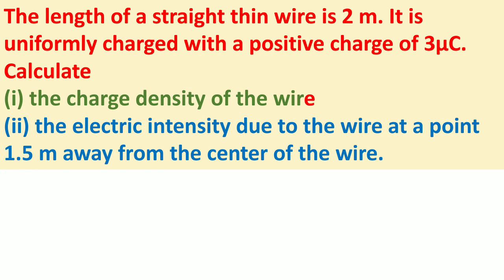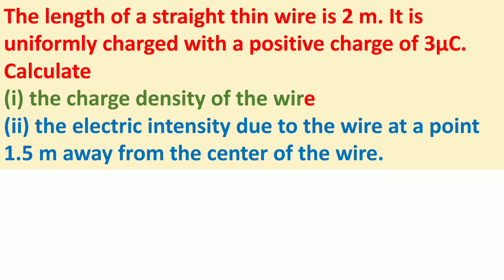The length of a straight thin wire is 2 meter. It is uniformly charged with a positive charge of 3 microcoulomb. Calculate, number 1, the charge density of the wire. Number 2, the electric intensity due to the wire at a point 1.5 meter away from the center of the wire.